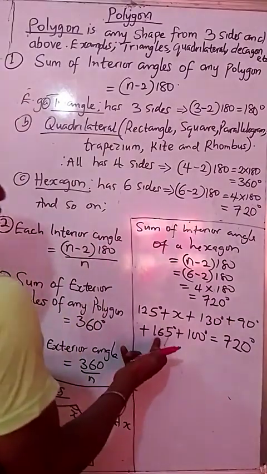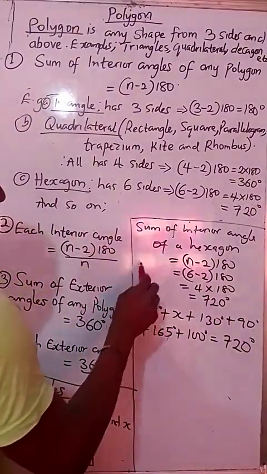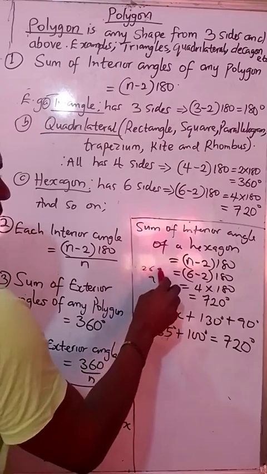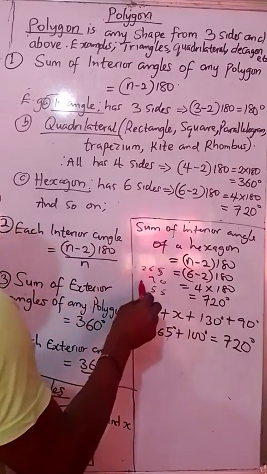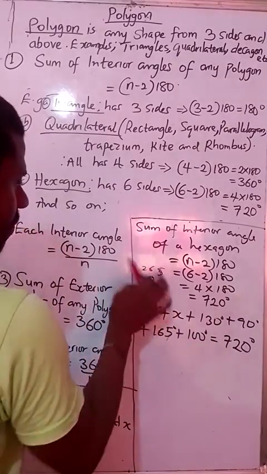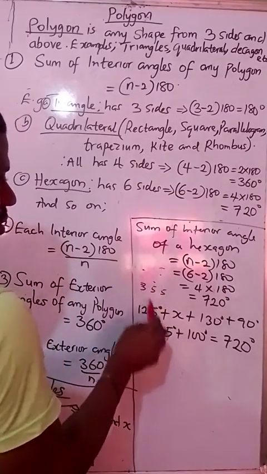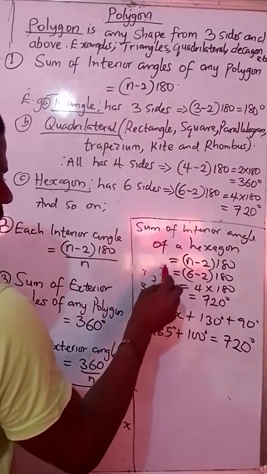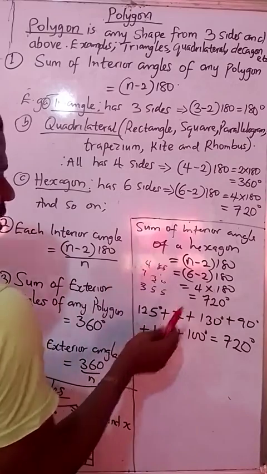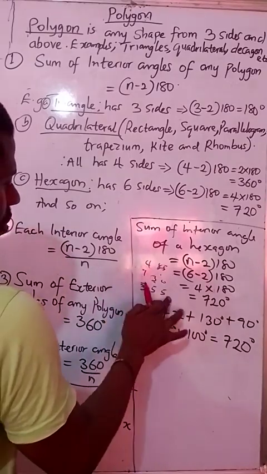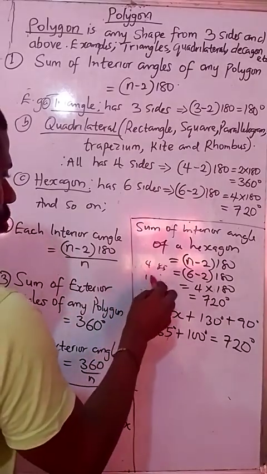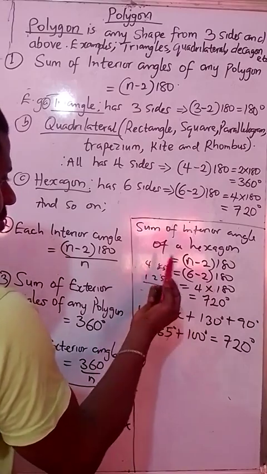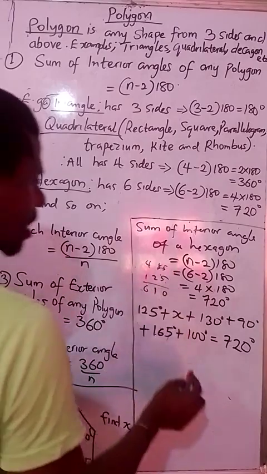So 100 plus 165, that's 265. 265 plus 90, that's 355. 355 plus 130, that's 485. 485 plus 125, that's 610.